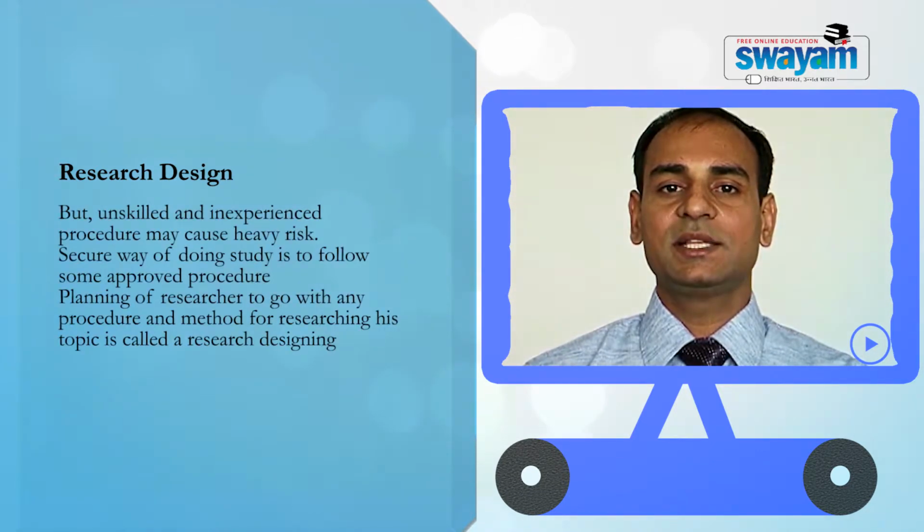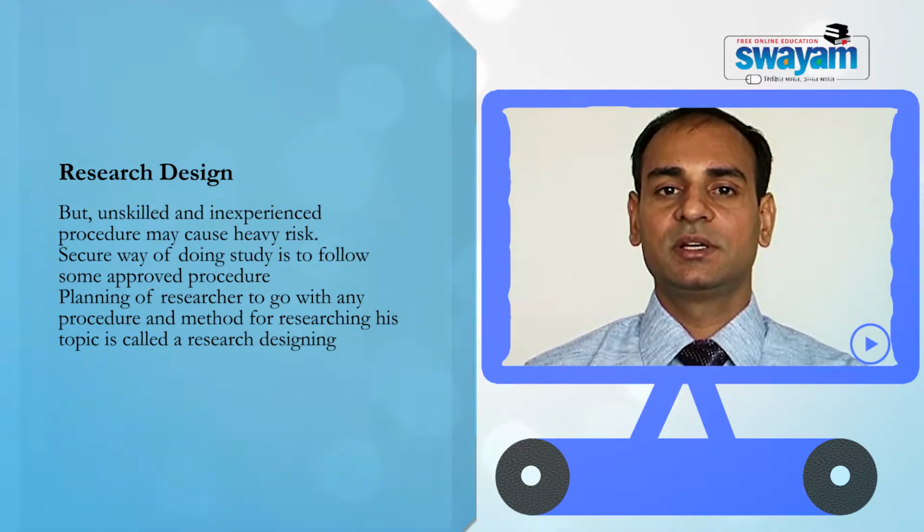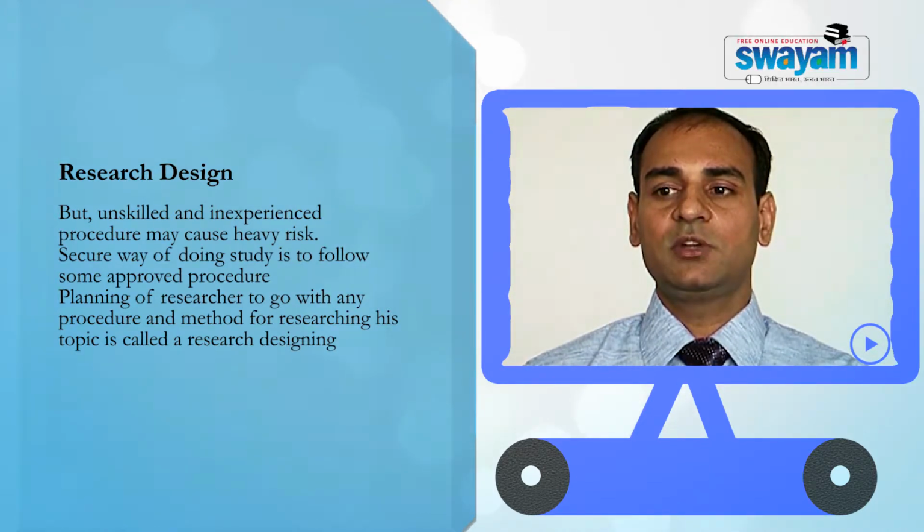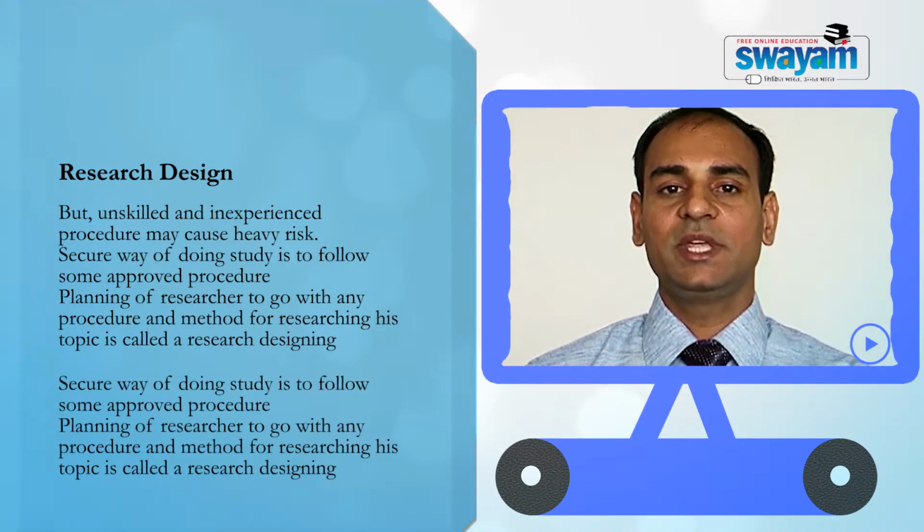But if he is unskilled, inexperienced, in that case he cannot follow any ideal procedure which may provide him a satisfactory result. That is why it is necessary to opt for a secure way of doing any study.